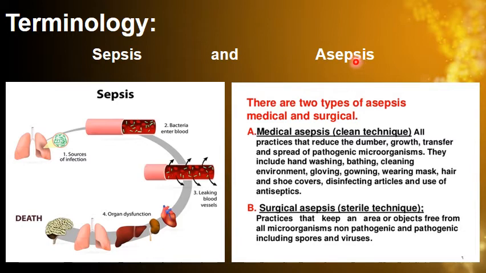It is the attempt to keep the patient, the healthcare staff, and objects as free as possible from agents causing infection, like wearing gowns, washing hands, wearing gloves, wearing a mask, wearing protective gear for the eyes and the hair, disinfecting articles, disinfecting the instruments, and using antiseptics. This is all called medical asepsis. It's the preparation you do before you receive the patient.